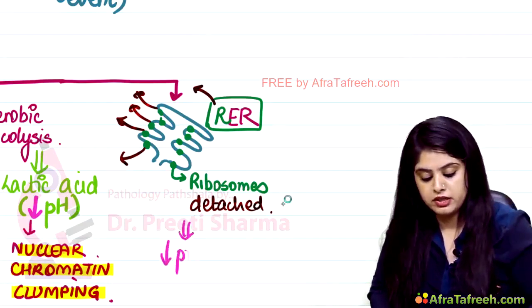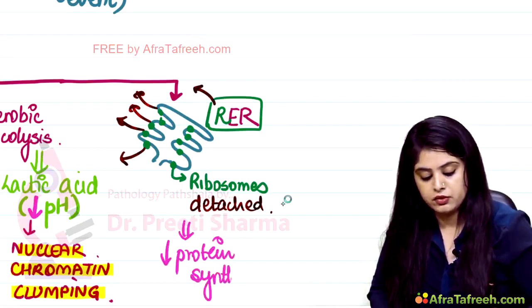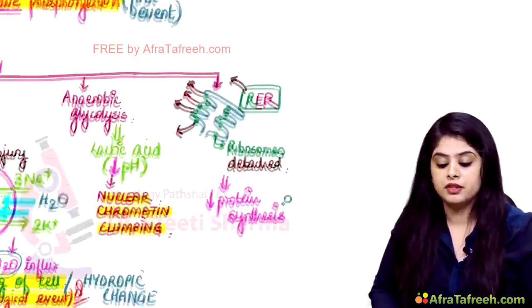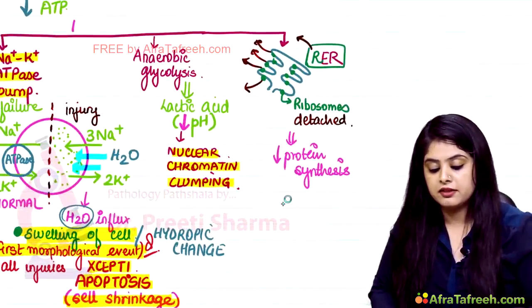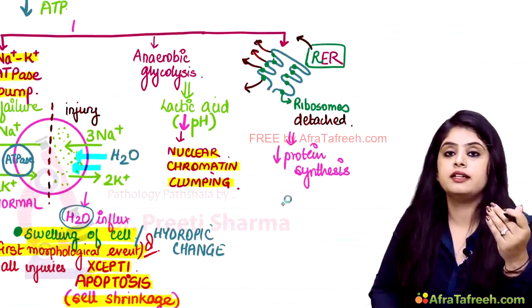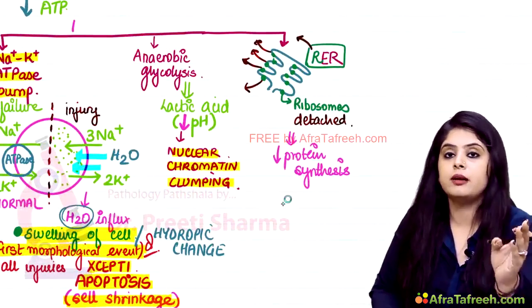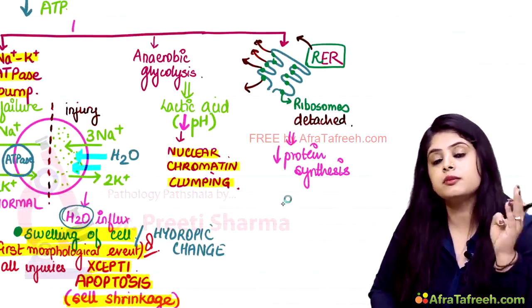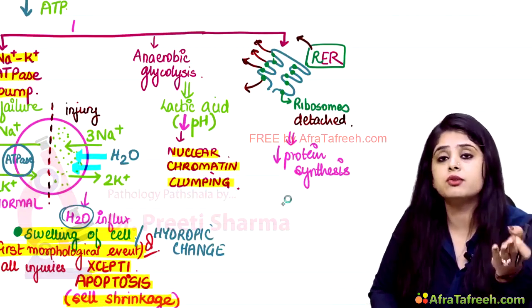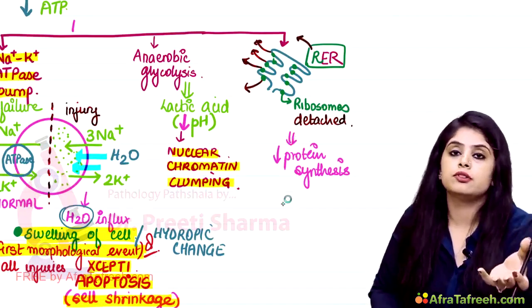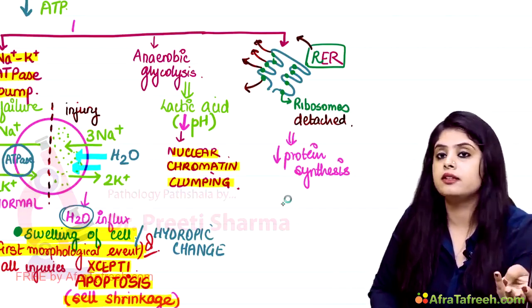So there is going to be a decrease in protein synthesis. So now if you see, slowly and steadily I've told you that the membrane is getting damaged, the nucleus is getting damaged, and the protein is getting damaged. And these are the three building blocks of a cell: the membrane, the protein, and the nucleus.